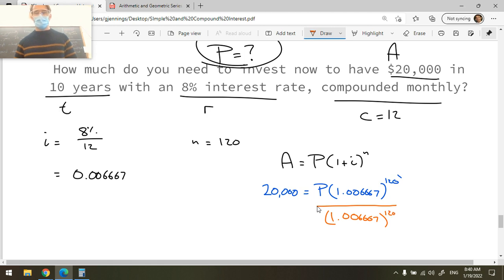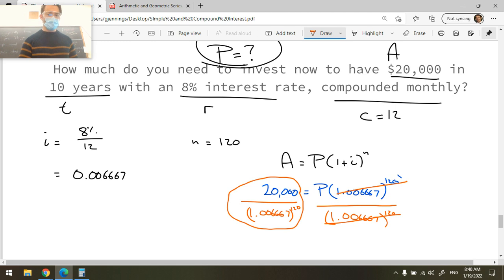And I'm going to divide that on both sides. And then this will cancel that because it's the same. So it just isolates P. And then this is what I can punch on my calculator to calculate P.